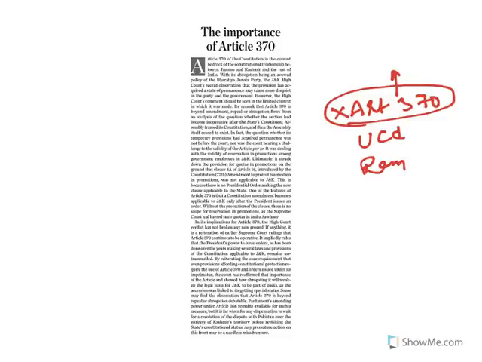Now, for any constitutional amendment to be applied to Jammu and Kashmir, a presidential order is necessary. So the High Court there struck down the 77th Amendment Act as not applicable to Jammu and Kashmir, because no presidential order was issued to extend it to that state.